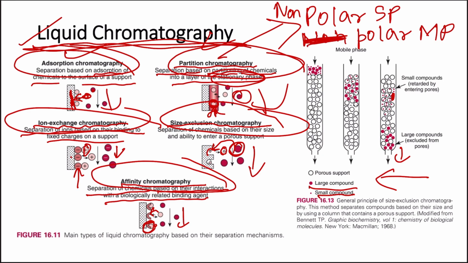The most commonly used type of partition chromatography is actually the reverse phase, because most of the compounds which we need to separate are ionic in nature. So for them it is going to be better to have a polar sorbent, because in that case it will be easily dissolved and we can separate it based on the reverse chromatographic method.